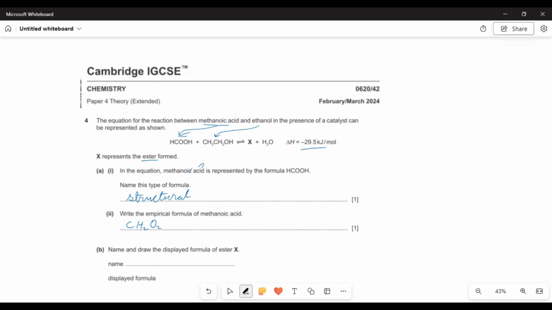Name and draw the displayed formula of an ester. You know, in an ester, hydrogen is removed from this part, and from here OH is removed.